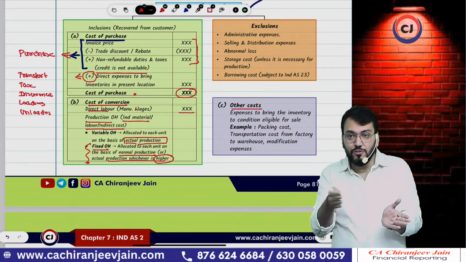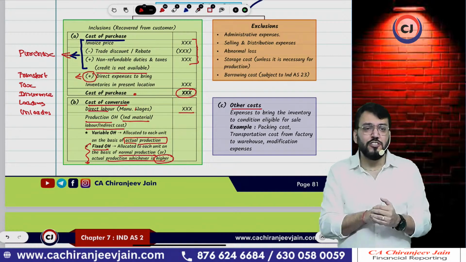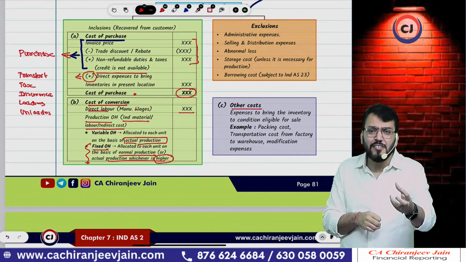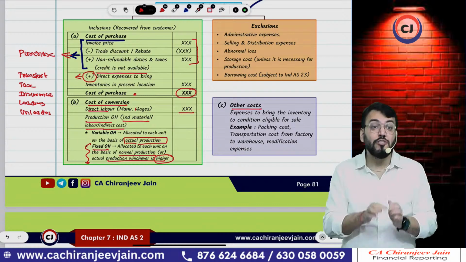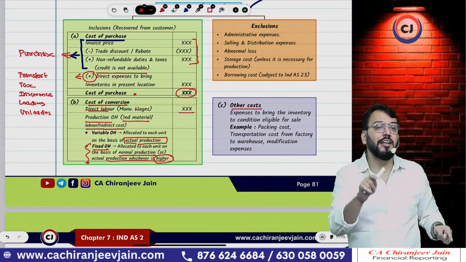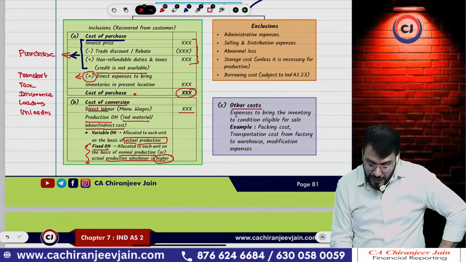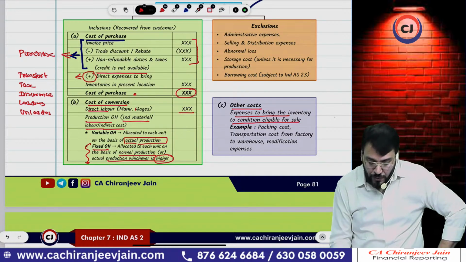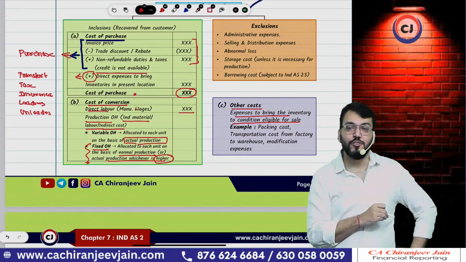There may be modification expenses as required by some customer. Expenses to bring the inventory to the condition eligible for sale will also be added. This all becomes a component of cost price.